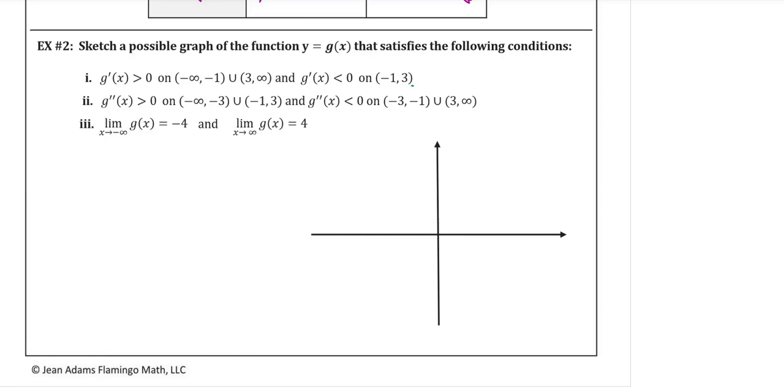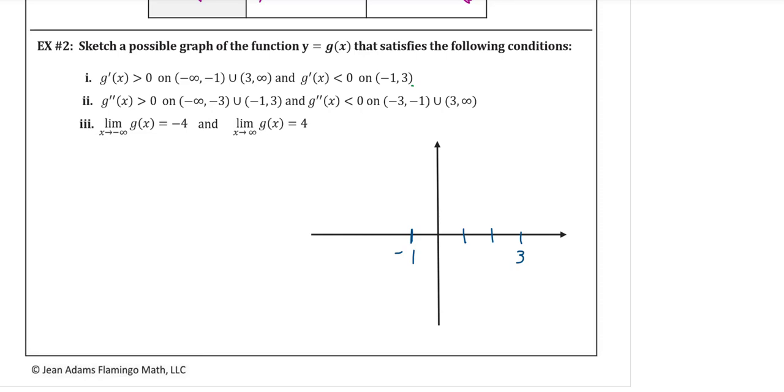So if I add some things to my graph here, before negative 1 the function is going to be increasing because the derivative is positive, and after 3 the derivative is also positive, so it's increasing.